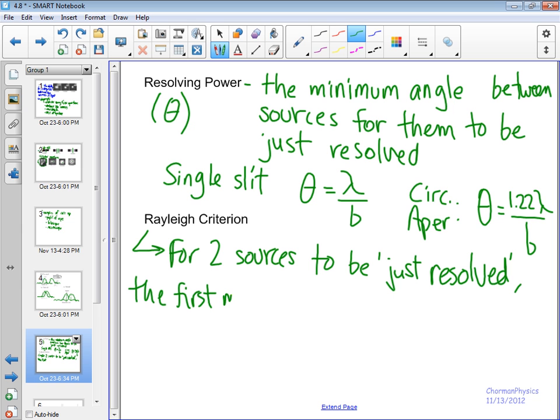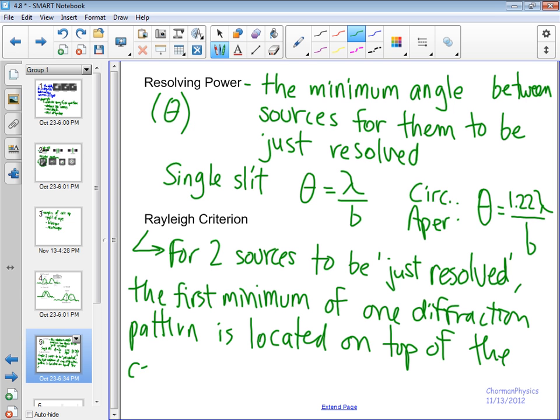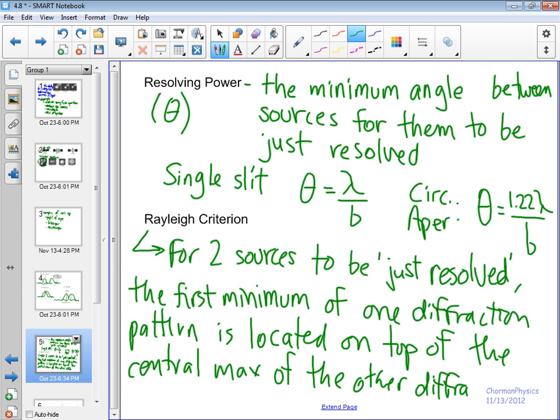So, for two sources to be just resolved, the first minimum of one diffraction pattern must be located on top of the central maximum of the other diffraction pattern.